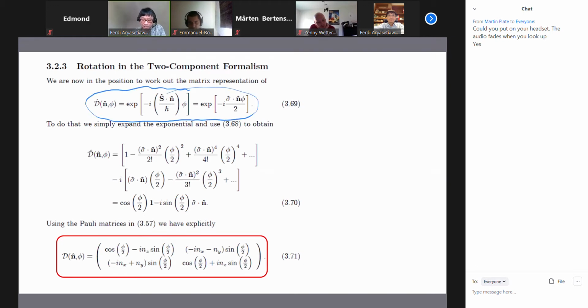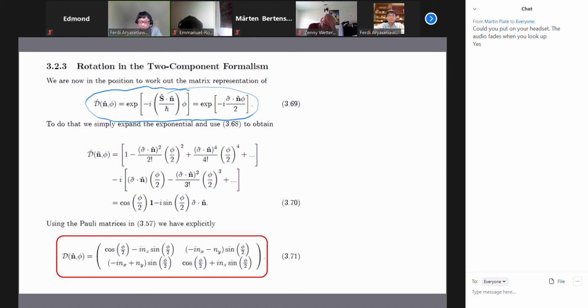Or we can write it in terms of the sigma. I think we did this last time, so we worked out explicitly the form of this rotation operator simply by expanding the exponential in power series.